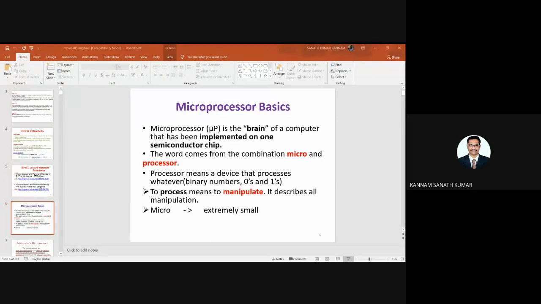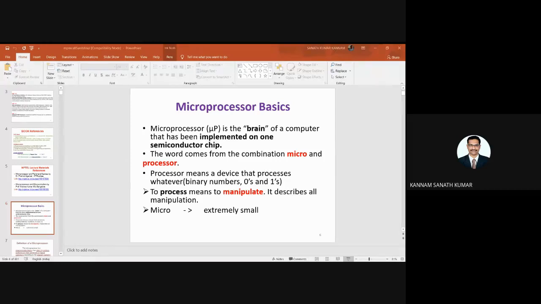So year by year they made some modifications. First they invented the 4-bit microprocessor, and next the 8-bit microprocessor, and after a couple of years the 32-bit microprocessor. Like that, year by year they made development in the microprocessor.